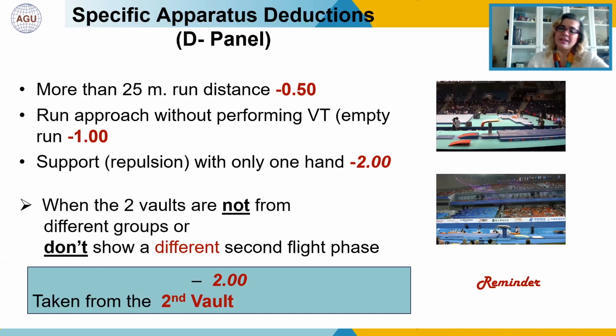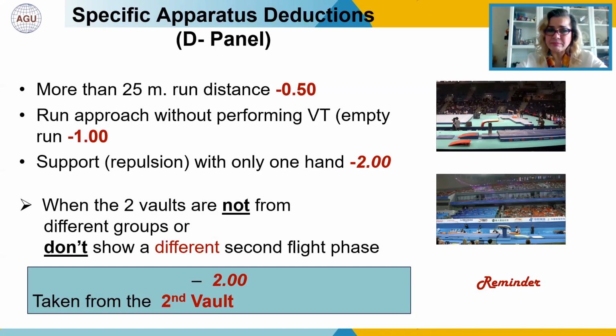Also, if you remember, in the apparatus final qualification or in the apparatus final, the gymnast is required to perform 2 vaults from different vault groups and show a different second flight phase.